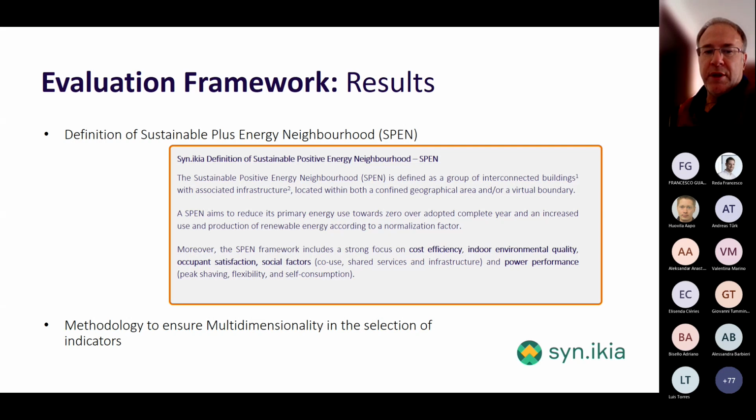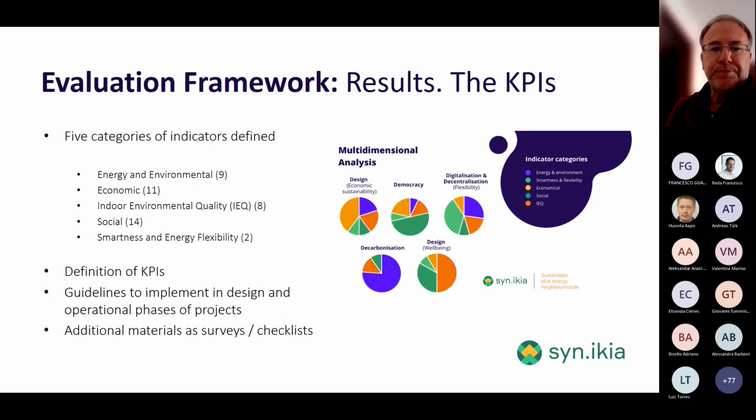At the end, we have developed a methodology in order to ensure these multidimensional aspects that we have in neighborhoods and in cities, in order to select a bunch of indicators. Five categories of indicators have been defined in this methodology, coming from this multidimensional analysis. We have defined indicators about energy and environmental aspects.